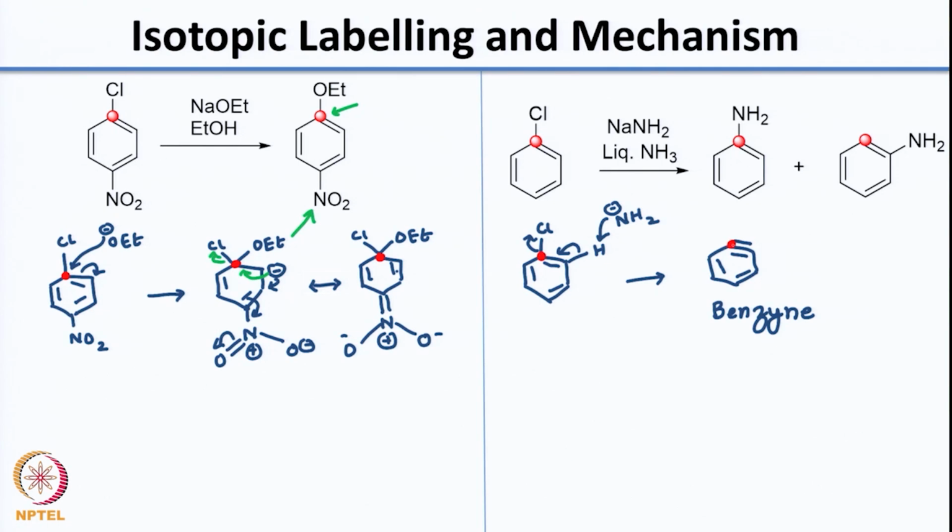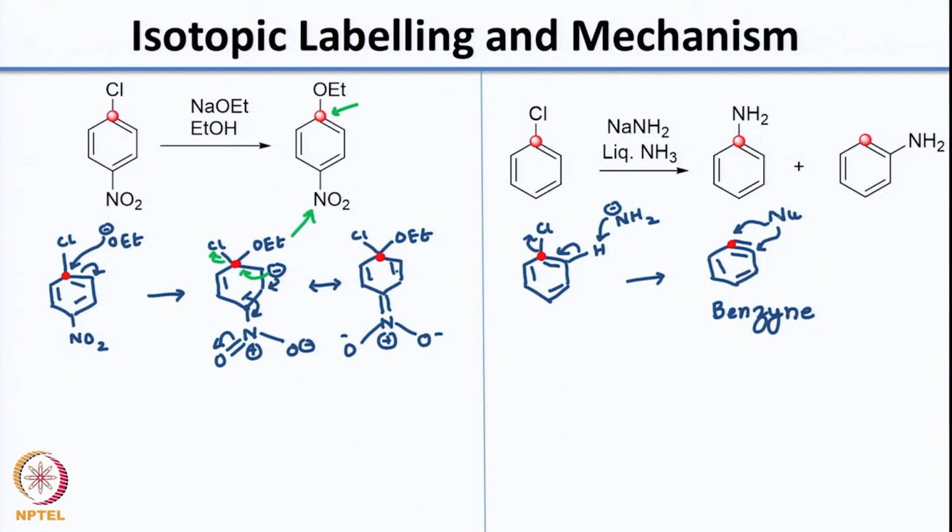Now once your nucleophile comes in, it can actually add in at either of these positions, because both of these positions are identical in terms of reactivity. You just have a carbon isotope label. So your nucleophile can either come here or it can come here, and then you get the two products which you see.